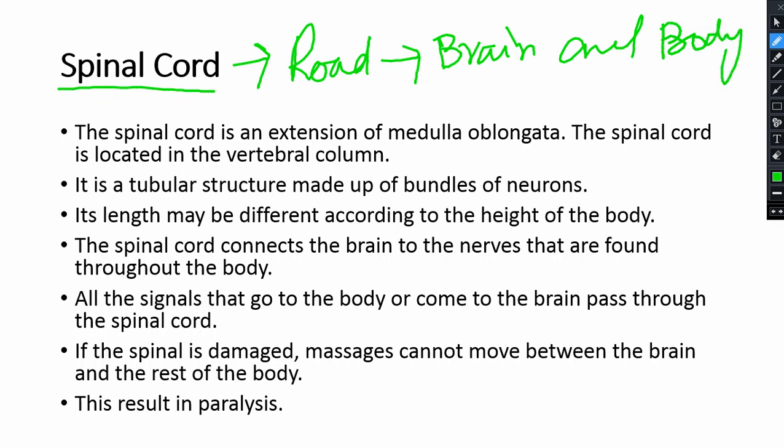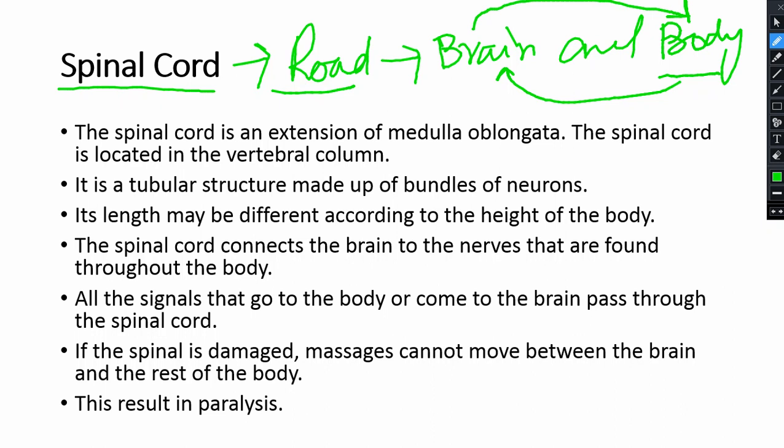So for example, if the body detects a change or any information, it is passed to the brain, and the brain creates a response against that information or message, and it is transferred back to that part of the body. So all this information is passing through the spinal cord. It is just like a road.